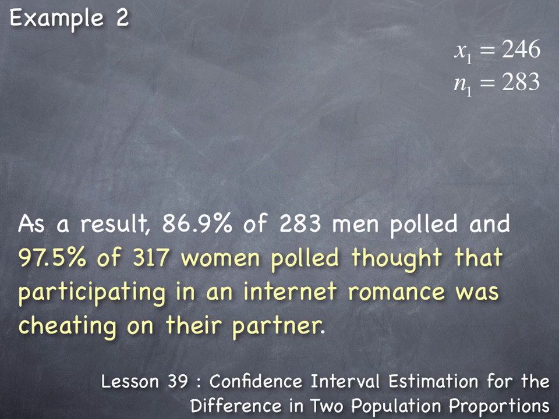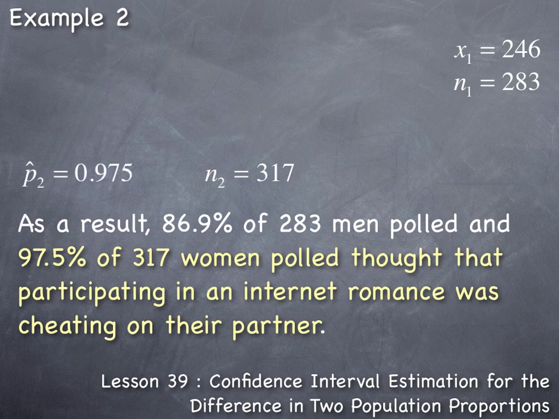In the second sample, 97.5% of 317 women polled thought that participating in an internet romance was cheating on their partner. So the 317 women polled is our second sample size. So N2 equals 317. And the 97.5% is our second sample proportion, or P2 hat.